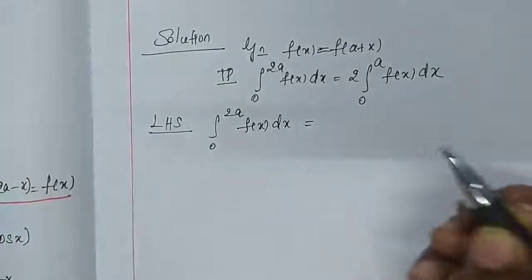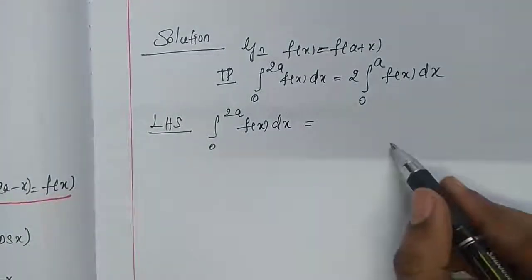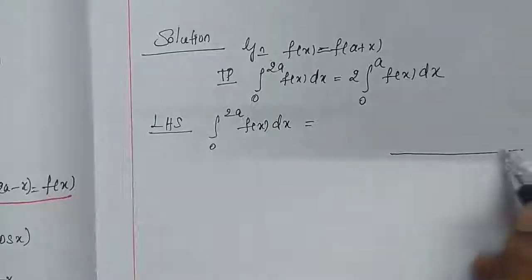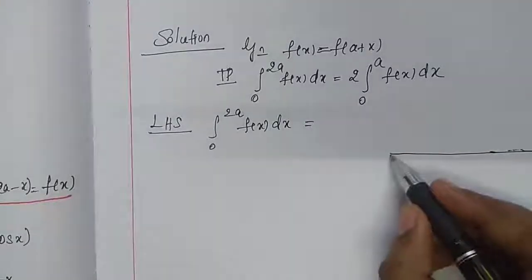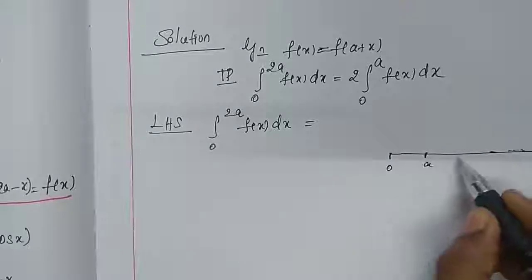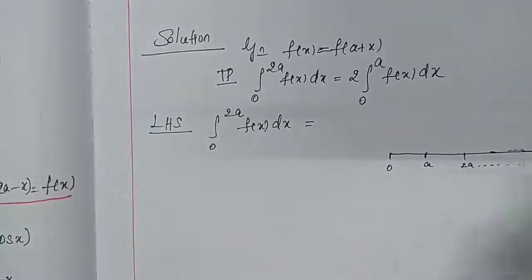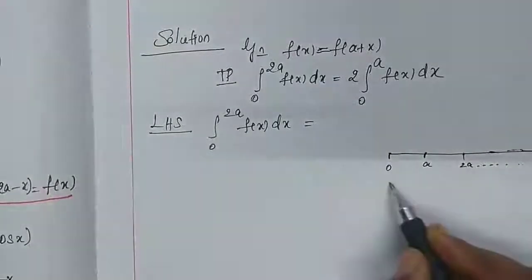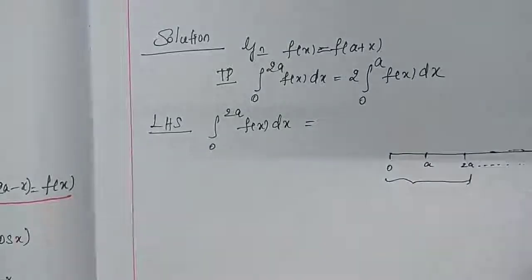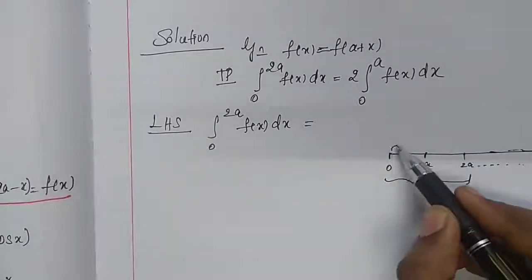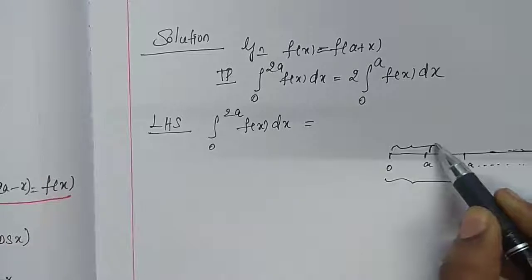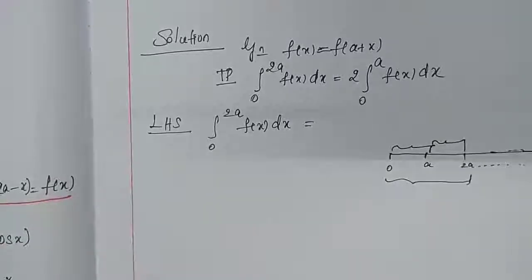Consider a number line, here 0, here a and 2a. This interval 0 to 2a can be split into two intervals, 0 to a and a to 2a.